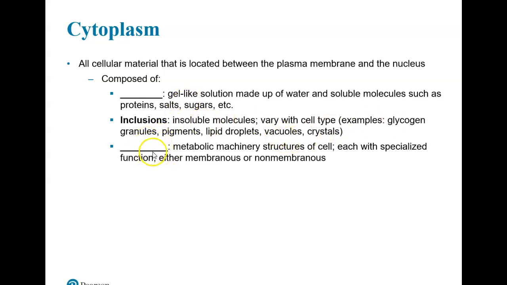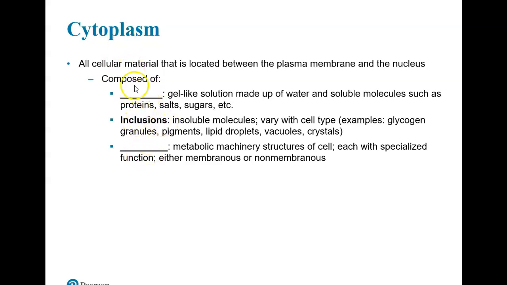Then you have the organelles found within the cytoplasm. These are the metabolic structures of the cell, each one giving the cell a specific function. If you're including the organelles and inclusions, that fluid portion of the cell is considered the cytoplasm. But if you're just referring to the fluid itself without the organelles and inclusions, that's called the cytosol.